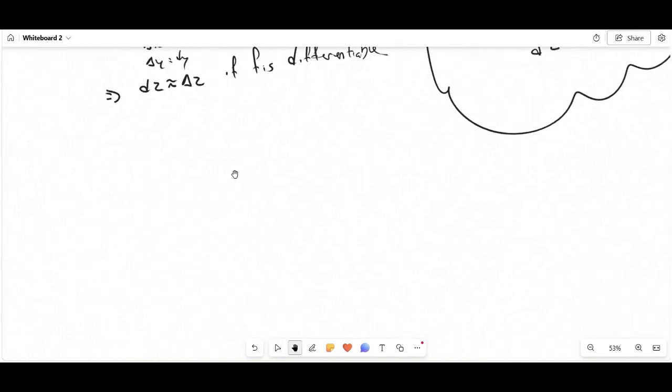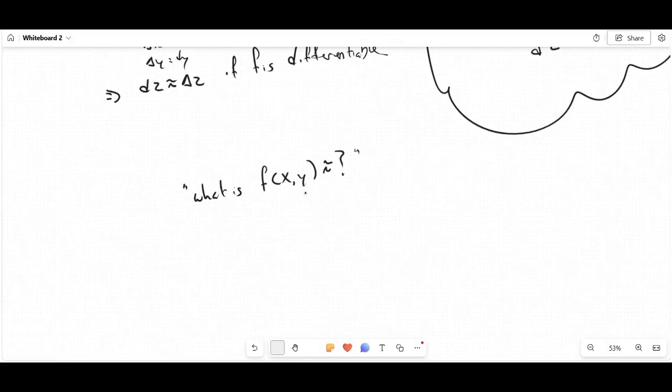So I'm going to spell this out in quotes as two different kinds of questions. What is f at some new point, roughly equal to? And another one is, how much did f change?